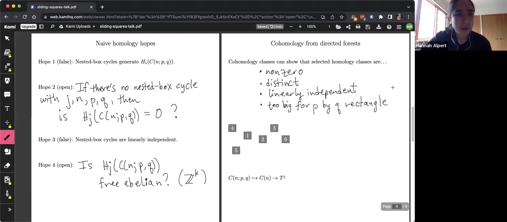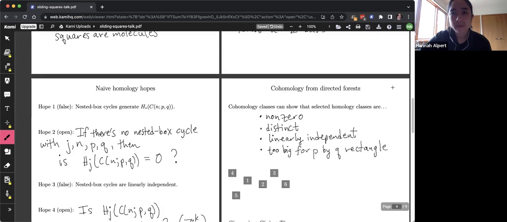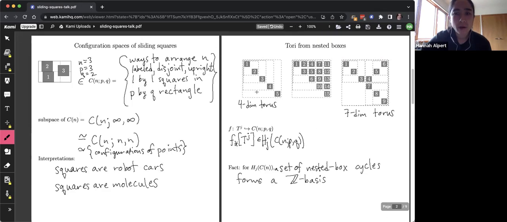So to say that a little bit more precisely, in this example with our 5 squares going around each other, suppose you wanted to show that that doesn't fit in a rectangle where one of the side lengths is smaller than 5, like 4.